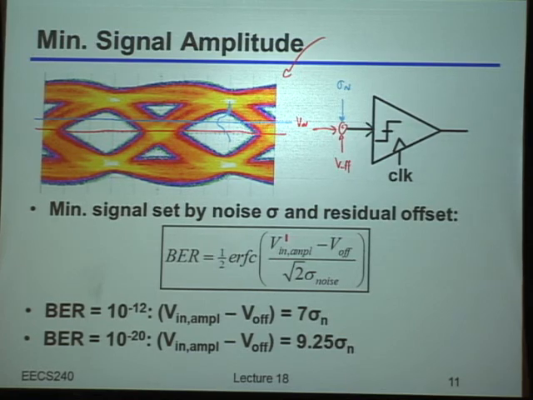That's not exactly technically correct. This is only correct in the sense that if I deterministically knew that my input signal was always at this magnitude, then that's the number I would use.